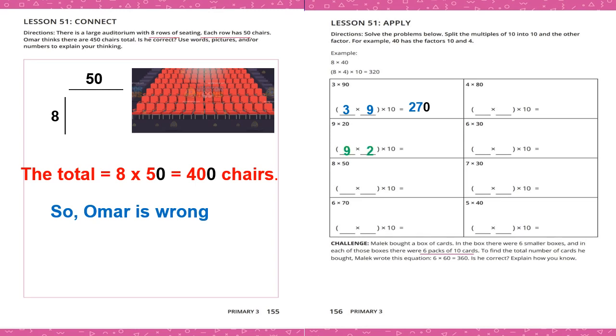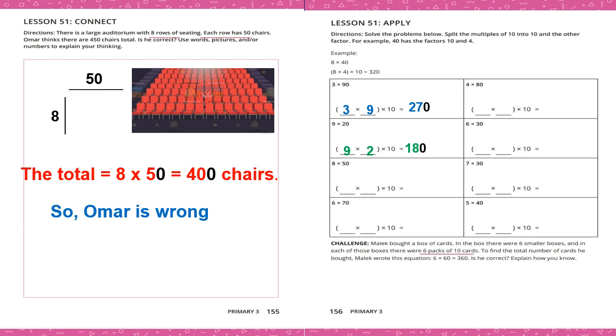So 9 as it is, and 20 split to be 2 and 10. When we have brackets, you should solve them first. 9 times 2 equals 18. 18 times 10 equals 180. Okay?